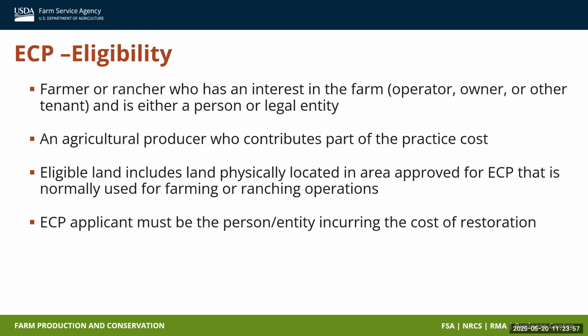The ECP program is something that's always available, but anytime we have a natural disaster occur, each county has a slate of county committee members that are elected by the producers in the county.